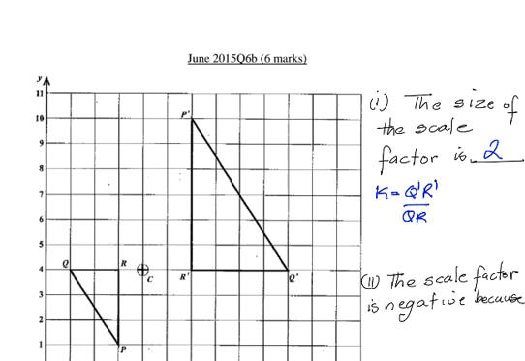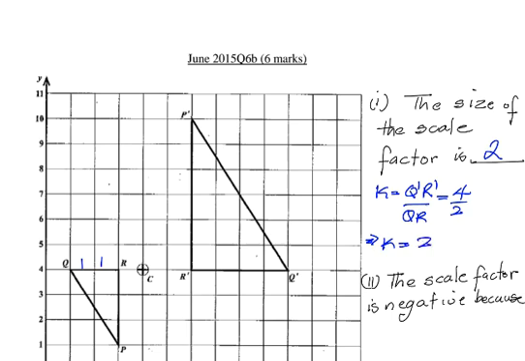Now the length of Q'R' is 1, 2, 3, 4 units. So K is equal to 4 over, now the length of QR is 1, 2 units, 4 over 2. Therefore, the size of K is 2.